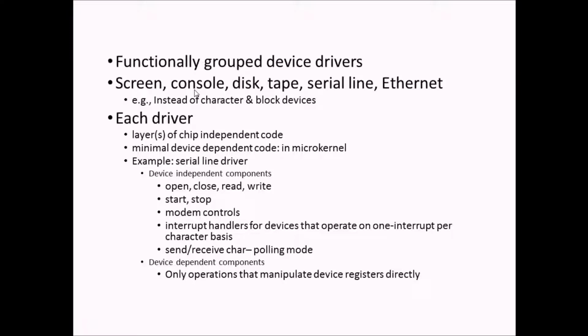Example: the serial line driver in the serial kernel. Operations like open, close, read, write, start and stop are device independent, while only operations that manipulate the registers directly are called device dependent.